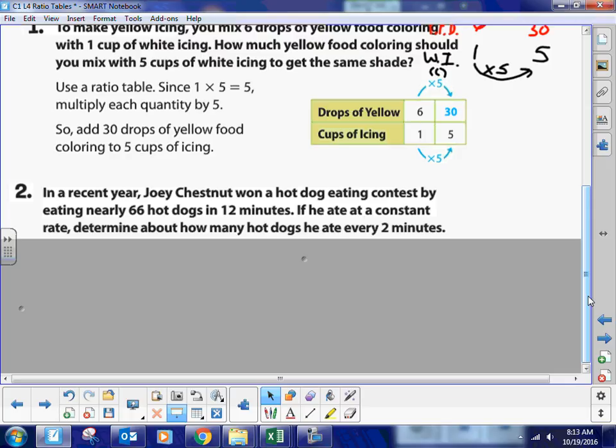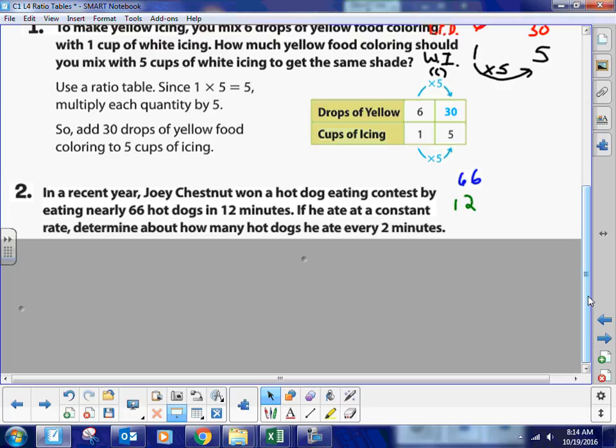Okay? In a recent year, Mr. Chestnut won a hot dog eating contest by eating nearly 66 hot dogs in 12 minutes. Okay? That's okay. So we set up our box real quick. We ate 66 hot dogs in 12 minutes, right? If he ate at a consistent rate, determine about how many hot dogs he ate every 2 minutes.